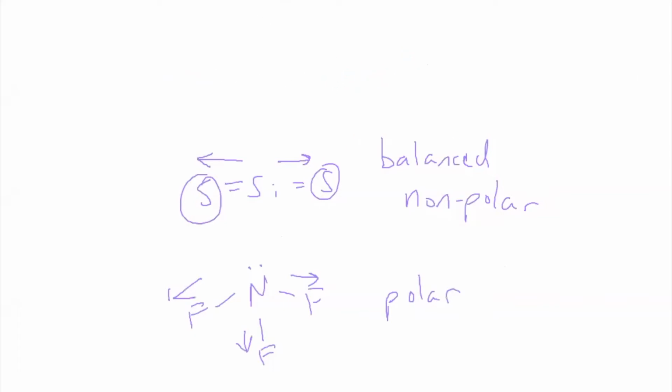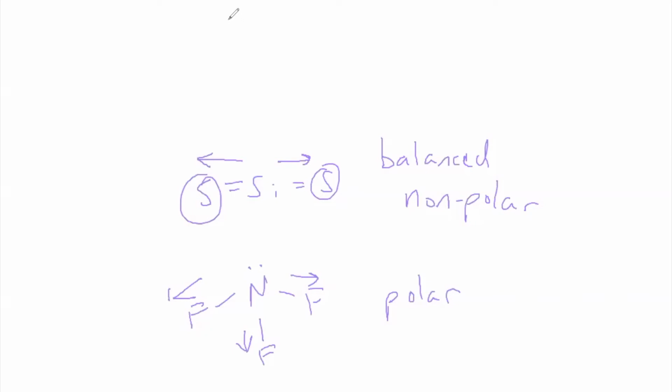Okay, I see now. And then I have one final question, for number 20. What are sigma and pi bonds? There are just two different kinds of bonds. In a sigma bond, the orbitals overlap.